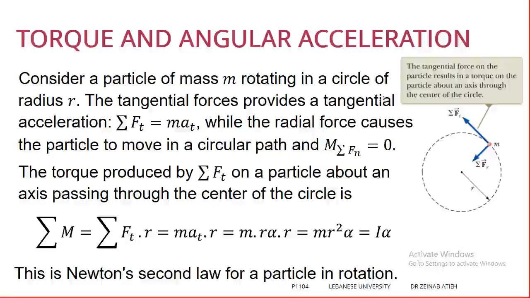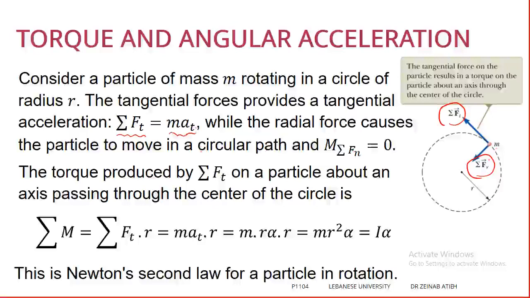As you can see, the group of forces acting on my particle can be divided into two parts, tangential part and radial part or normal part. For the forces along the tangential axis, for sure, sum F tangential will be equal to m a tangential, as I have already explained.